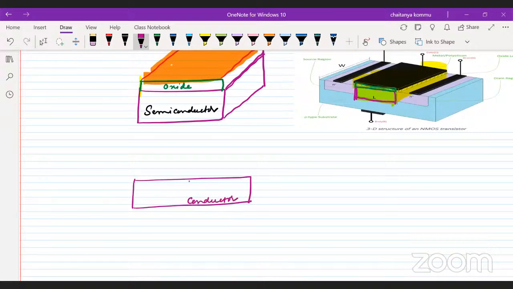If you want to move carriers from one end of this conductor to the other end, the carriers can transport very easily by applying a potential difference between the two ends. But there is no current controllability if you are using a conductor. So the first very important point is current controllability.